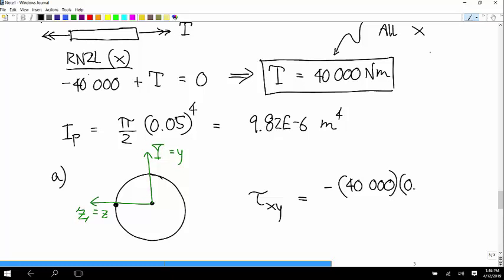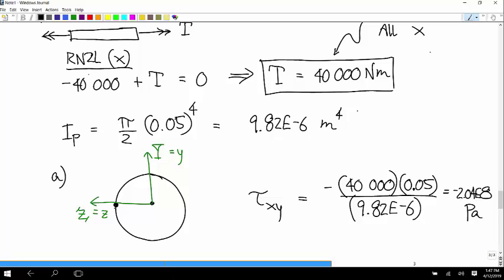In this case, that's just the radius, divided by 9.82 times 10 to the minus 6. And you get a value of negative 2.04 times 10 to the 8th pascals.